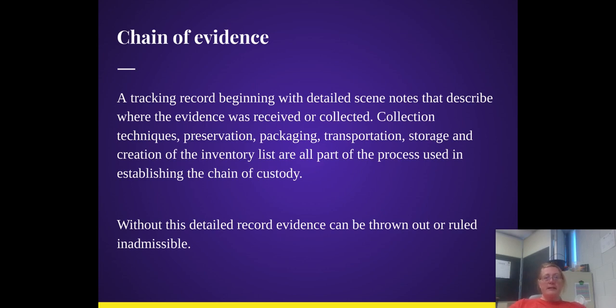So everything has to be written down with that piece of evidence. This bullet casing was found 6 inches from the desk, and so-and-so picked it up, and I handed it off to the next person, and the next person. If there's not a complete detailed record that matches all the way along, evidence can be thrown out or ruled inadmissible.